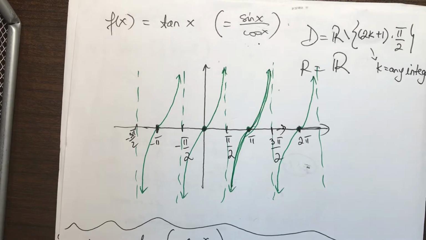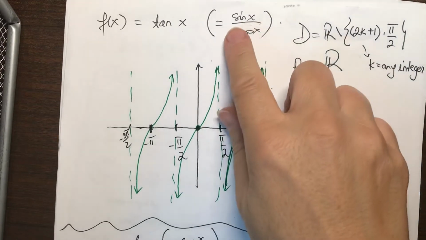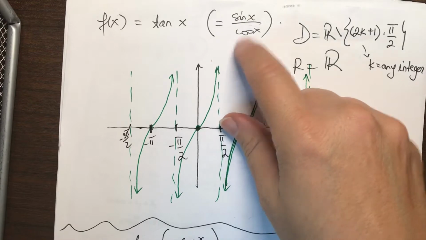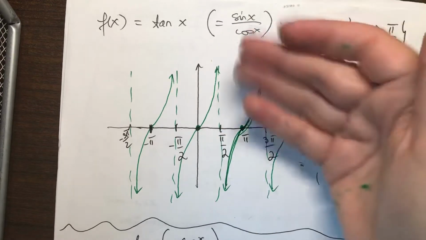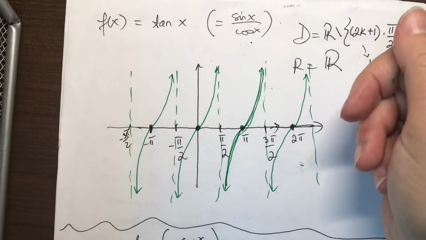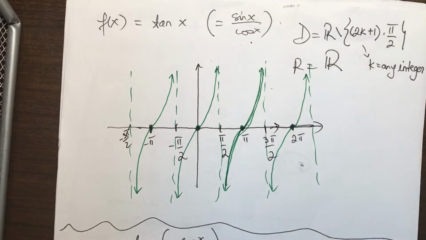So you can divide numbers less than 1 and get infinitely large numbers. Think about 0.99999 divided by 0.00001. Both are numbers less than 1, and when you divide them, you're going to get 9 gazillion, and so on and so on. So the range of the tangent is all real numbers.